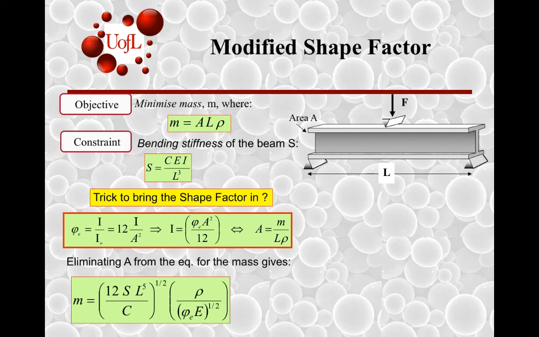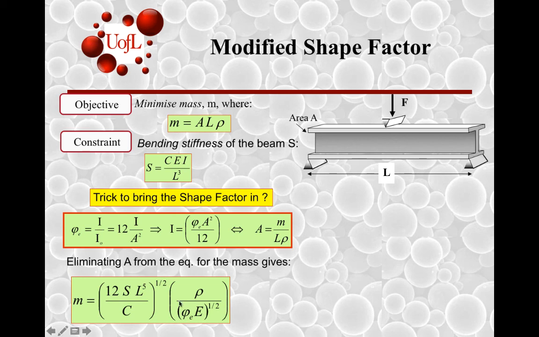You basically get a very familiar term that we had derived for stiffness limited designs, where we did not take into account the shape. And the material index is one where you can minimize mass by maximizing E to the power half divided by rho.